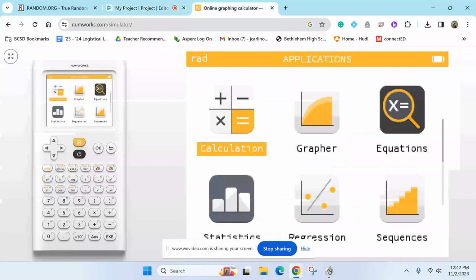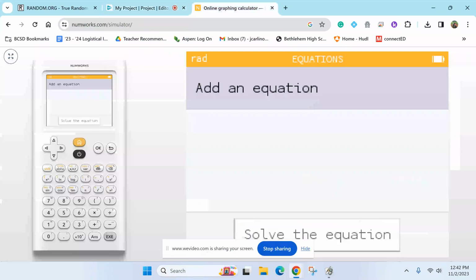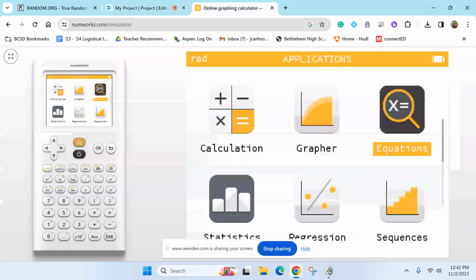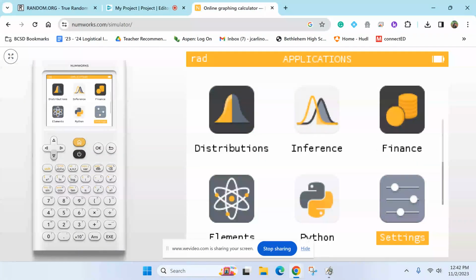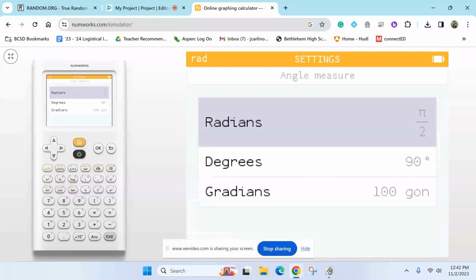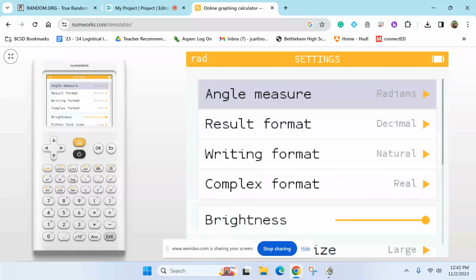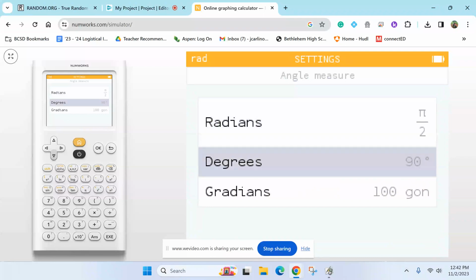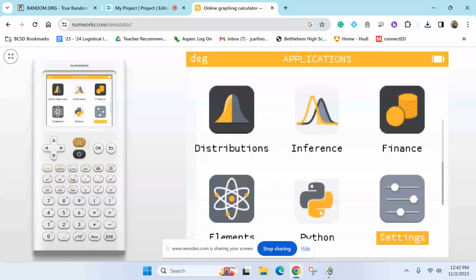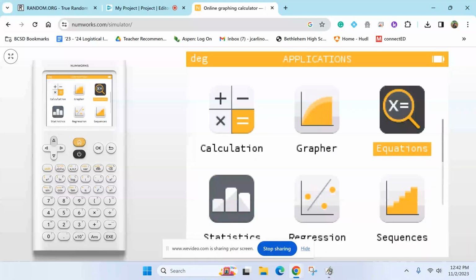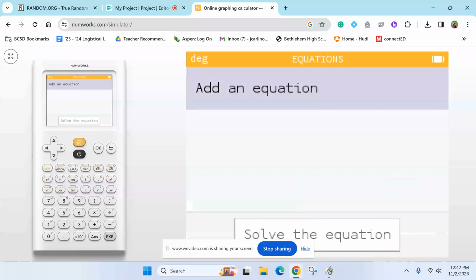I go to equation. And now I'm in radians, and I got to change that. Okay, we're good. Go back over to my equations. And what did I pick? Cosine, right?